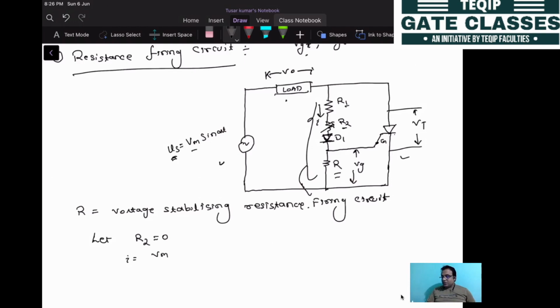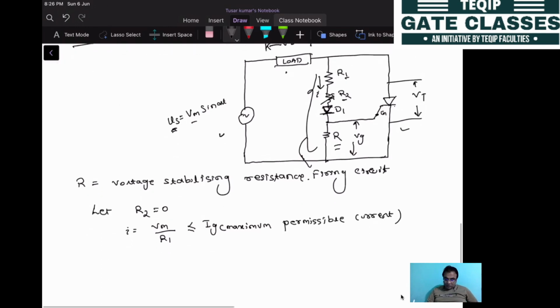Because R2 is 0, it will be Vm divided by R1, and that must be less than or equal to IgM, the maximum permissible current. Clear?